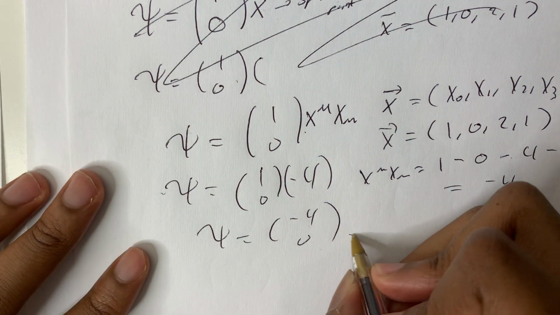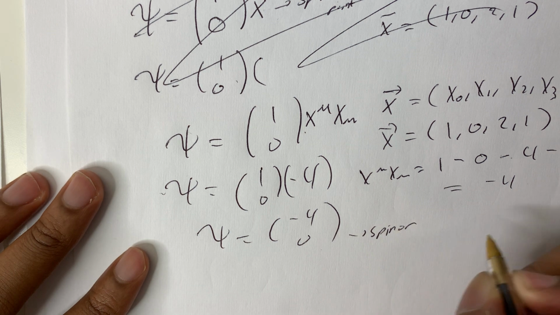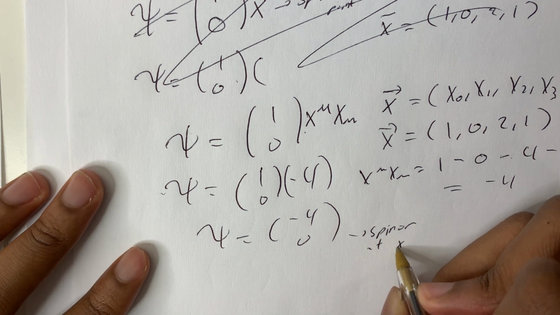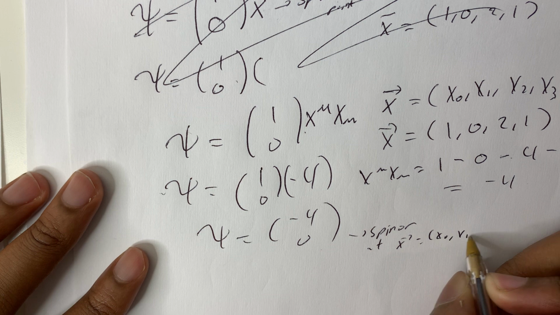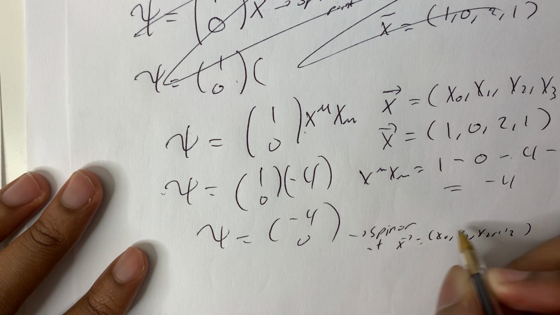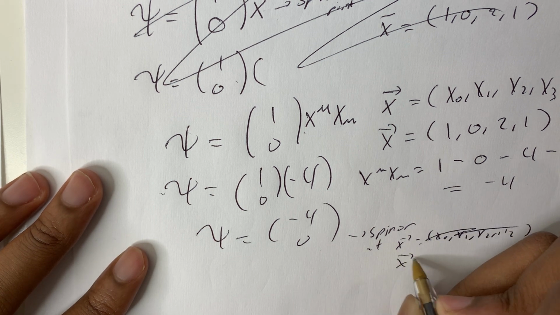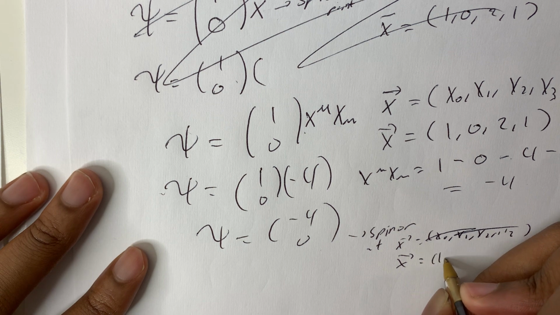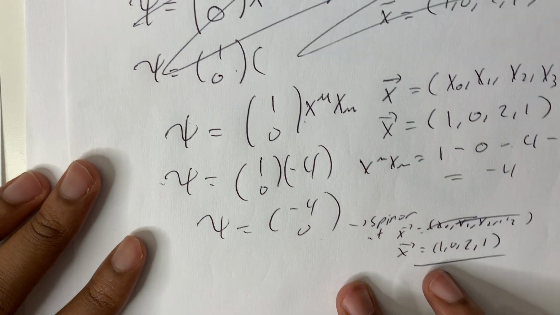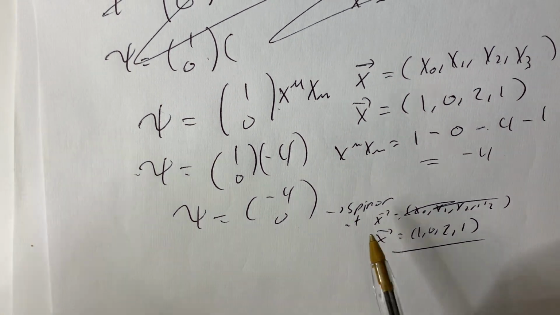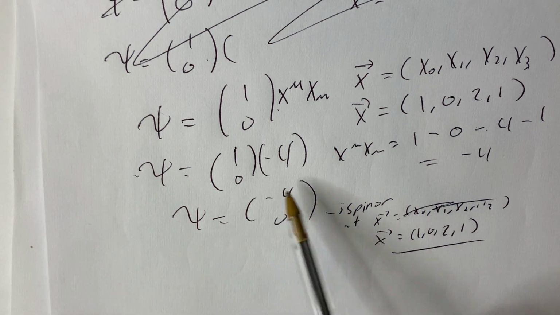That's the field strength of our spinor at the space-time point x equals (1, 0, 2, 1). So that's the strength of our field at that point.